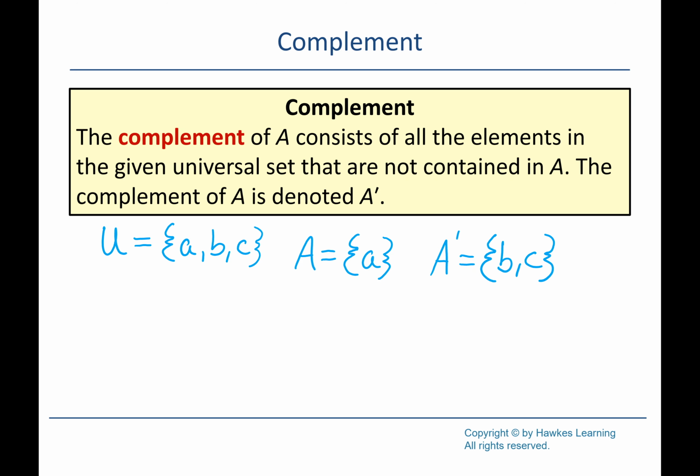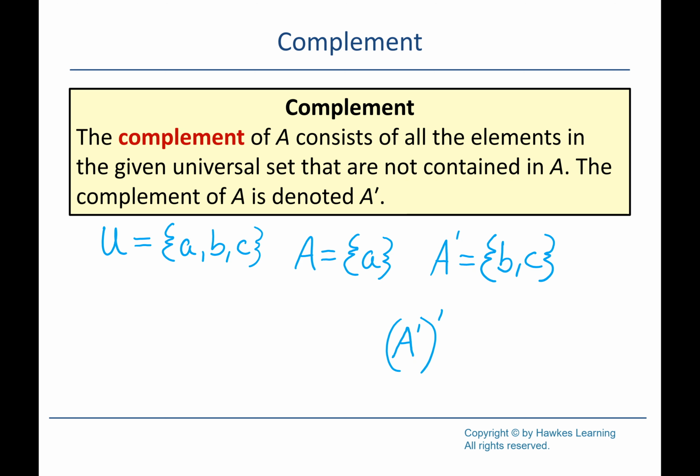And one other little thing to point out before we leave this, if you had the set A complement and you wanted the complement of that, what we're going to end up with. So we've made it to here, and we want the complement of this.